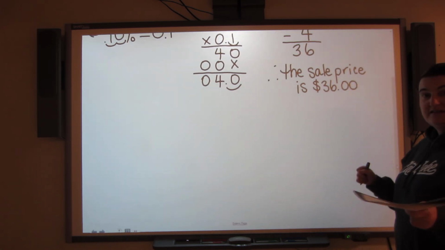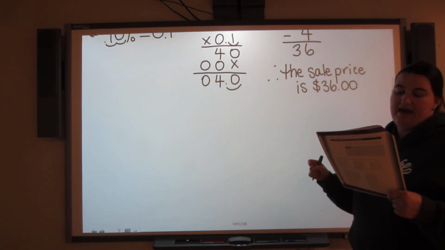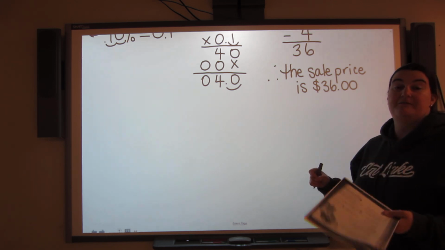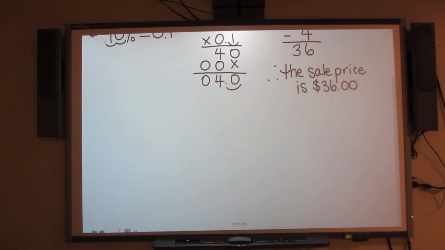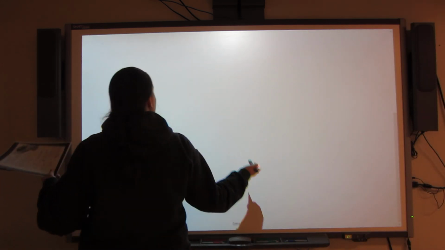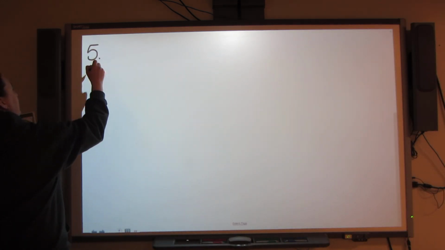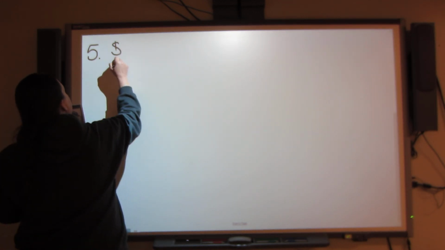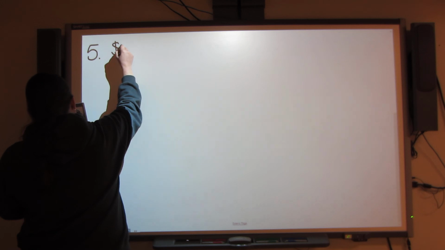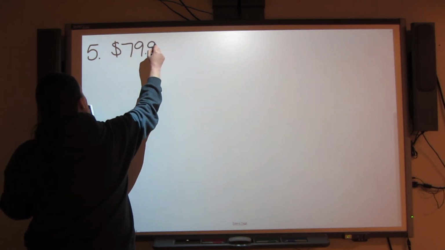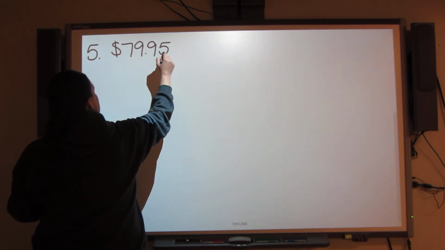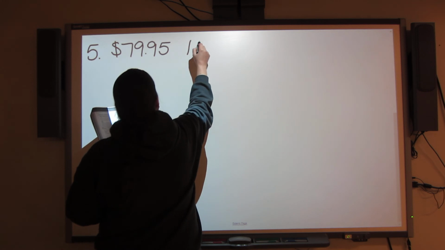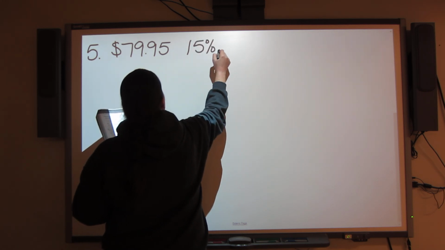I'm going to check to see how much time is left on this video, and then we'll try number 5. Oh yes, we've got lots of time, so let's take a look at number 5. Number 5 gives us a sweater, which is $79.95, and that sweater is 15% off.